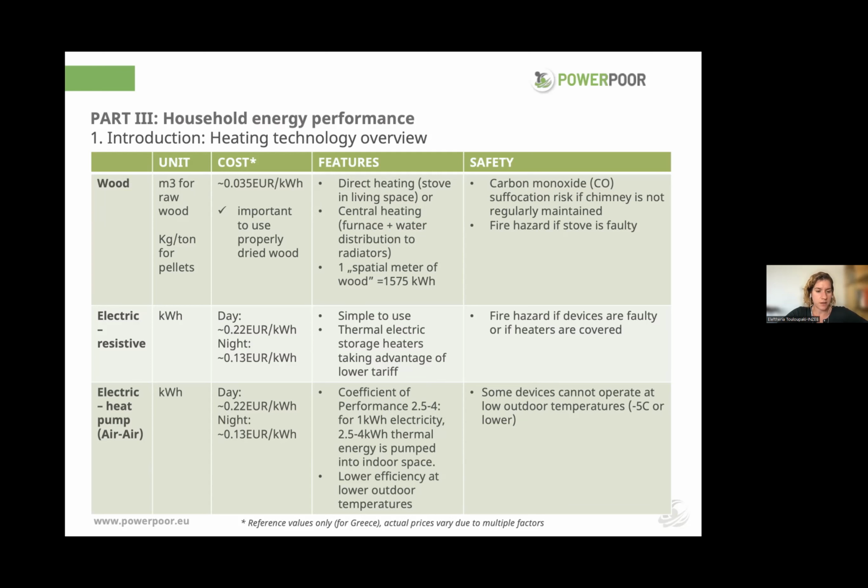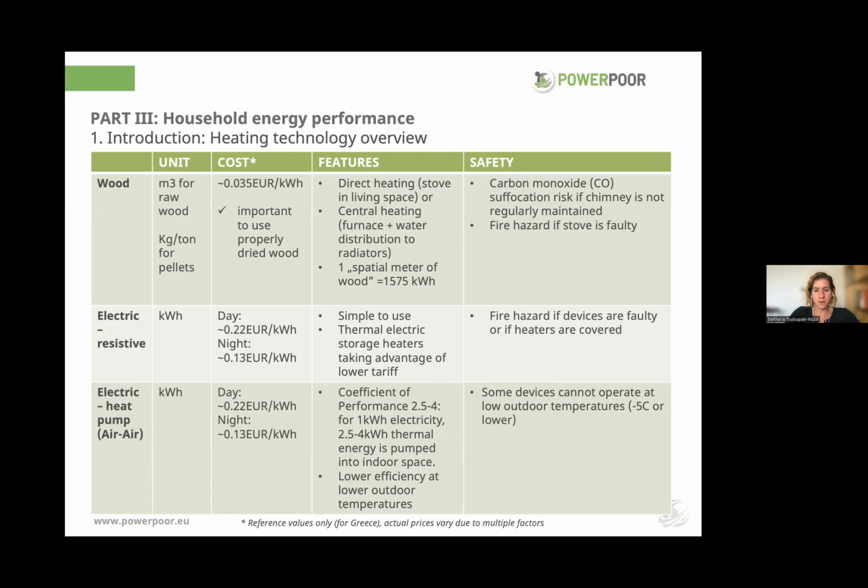Regarding the heat pumps, there is a big advantage in the coefficient of performance that can range from 2.5 to 4 in newer devices, which means that for 1 kilowatt hour that is consumed, 2.5 to 4 kilowatt hours are pumped into or outside of the indoor space.